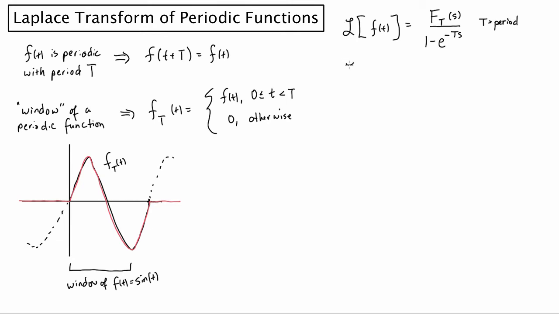And this is where the Laplace transform of f of t is equal to the Laplace transform of f sub T divided by 1 minus e to the minus Ts.